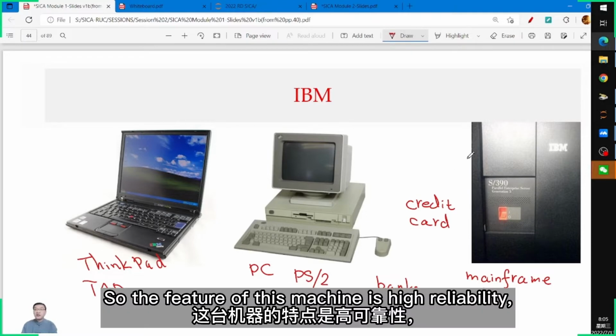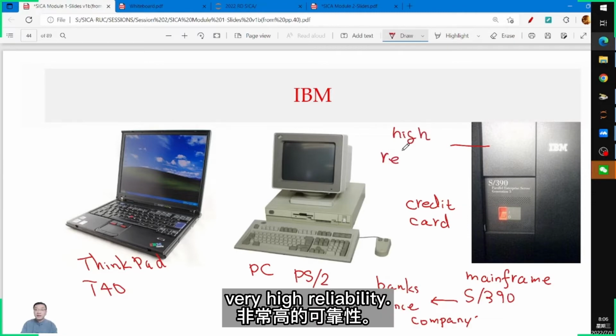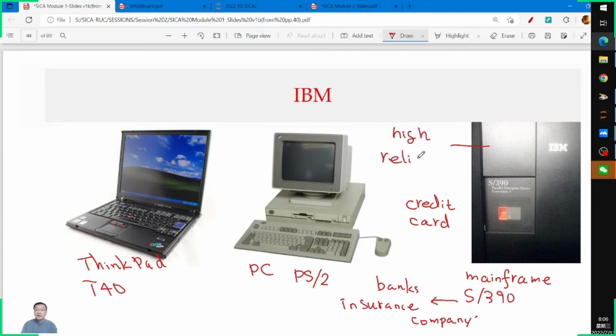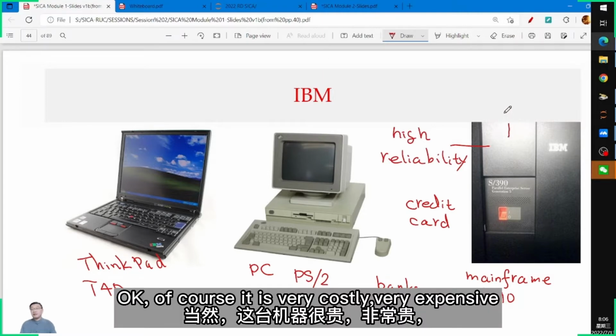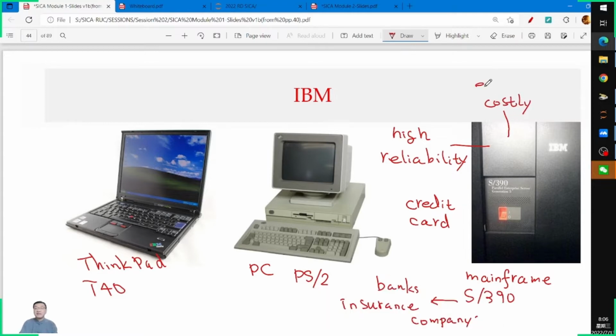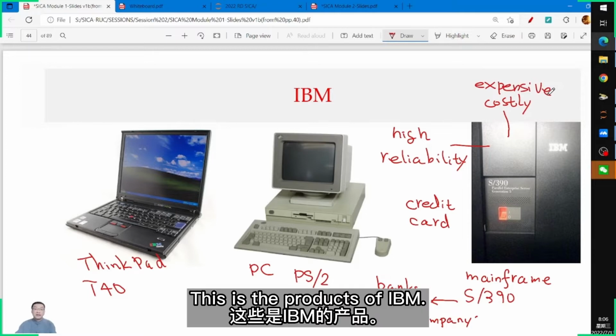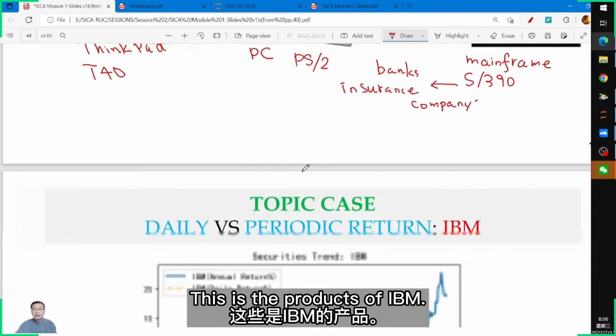So the feature of this machine is very high reliability. Of course, it is very costly, very expensive. Okay, these are the products of IBM.